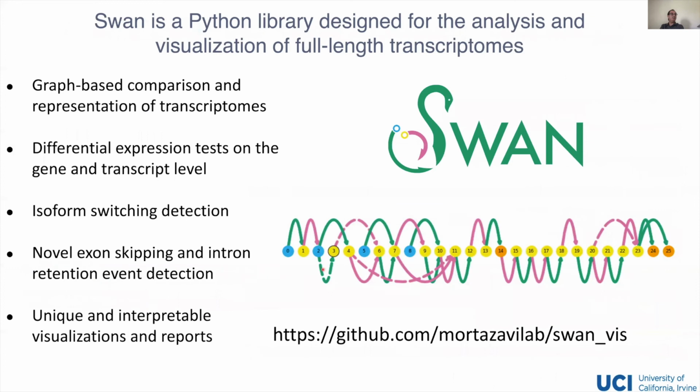Novel edges are shown as these dashed lines, and green represents exons and pink represents introns. Now, Swan started out as a visualization tool, but very quickly we added differential expression tests at the gene and transcript level. We now allow for isoform switching detection, as well as novel exon skipping and intron retention events. And last but not least, we produced these beautiful reports.